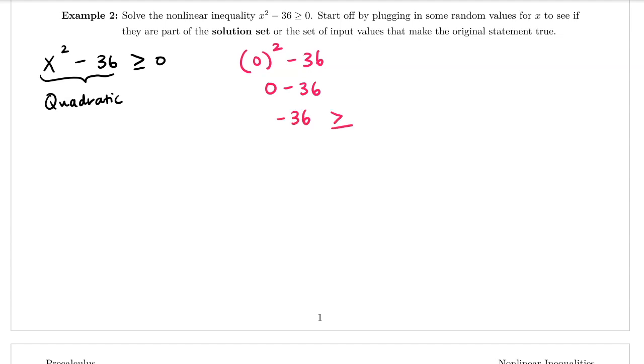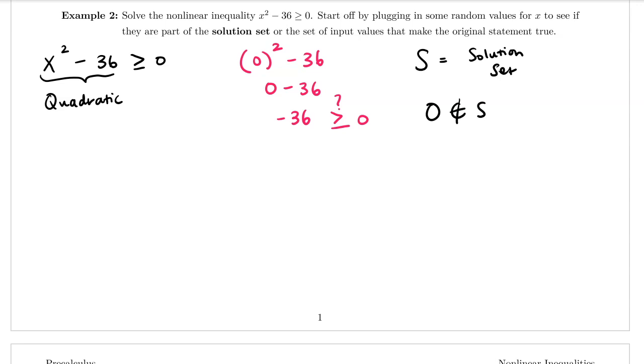And I want to ask myself, is negative 36 greater than or equal to 0? It is not. It's not a true statement, and therefore we can come to the conclusion, if our solution set, we're calling it S, then 0 is not an element of our solution set.